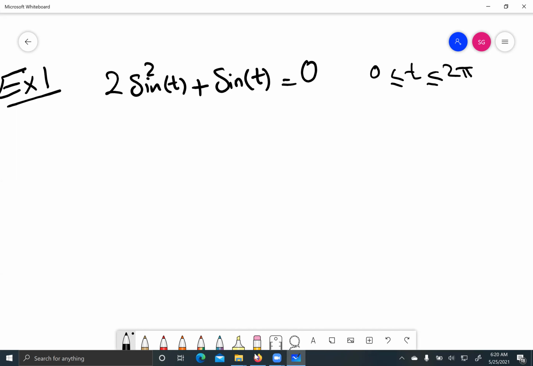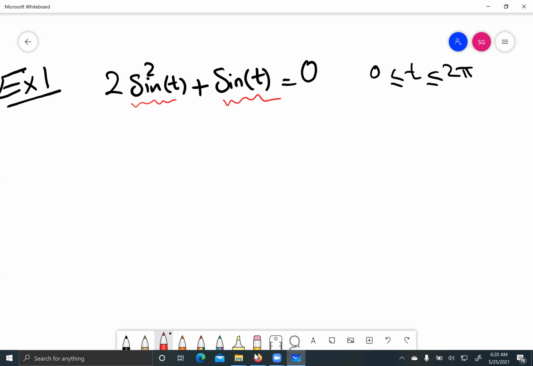Think about this as algebra. Recall that when you have an equation and you want to solve it, and there is a term that is common, then we can factor it. This term has sine, this term also has sine, and we have a summation of these two terms.